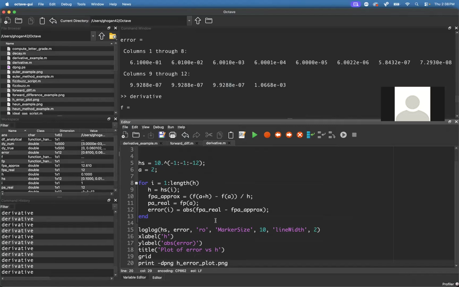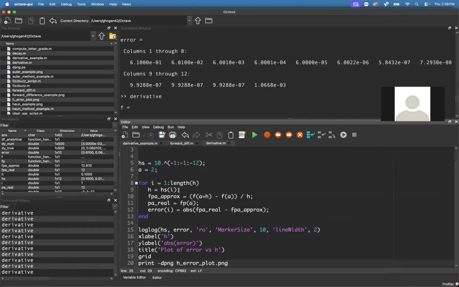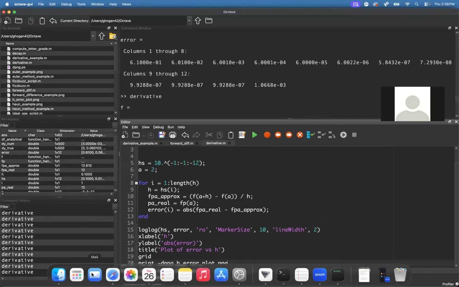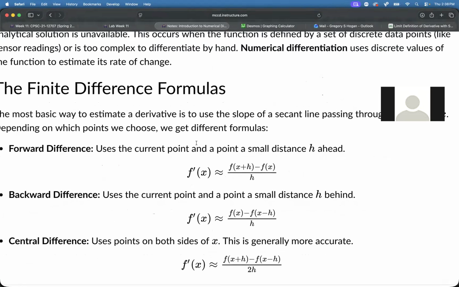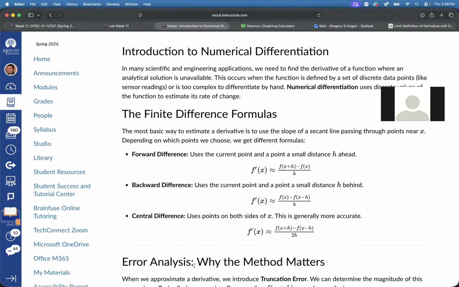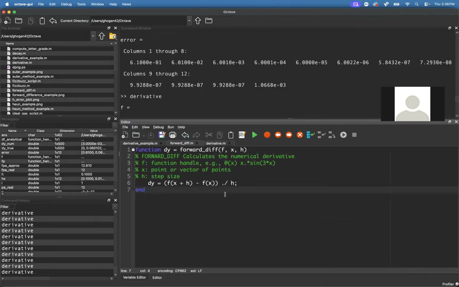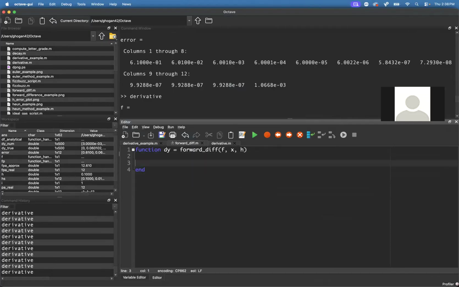Now, once we can calculate a derivative, the next thing we want to do is see if we can write a function that does this, what we called over here the forward difference. This is a really easy function to write. If we come over here, I'll just delete the code.